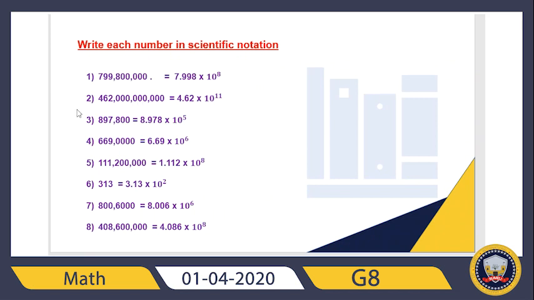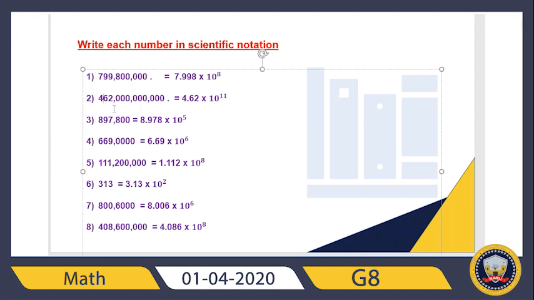So first step, I will put a decimal point, then I will start moving this decimal point to the left side inside my number until it reaches a position where there is only one digit on its left side.